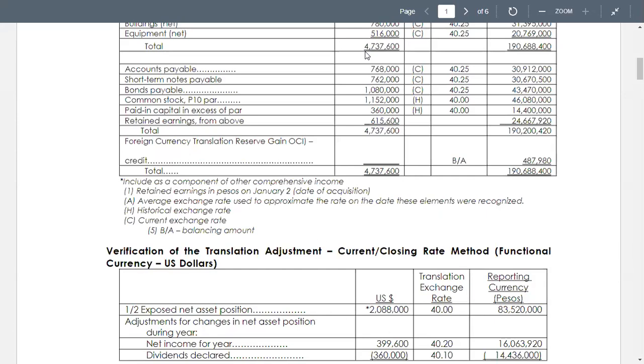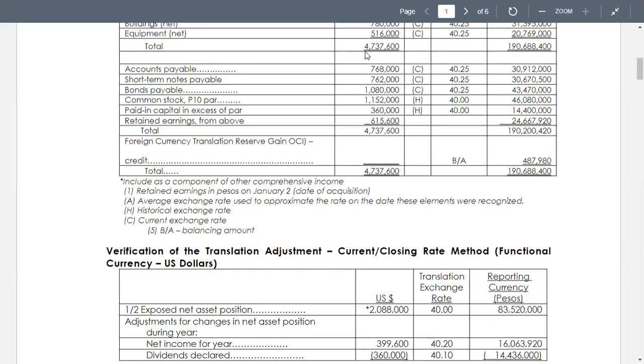So let's now pick up all these assets and liabilities. What is the spot rate on December 31, 20x9? Let's start with the column current rate method. Accounts payable, we use the spot rate on December 31. So, 0.16.